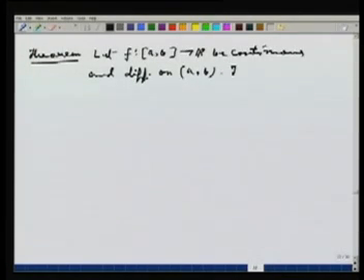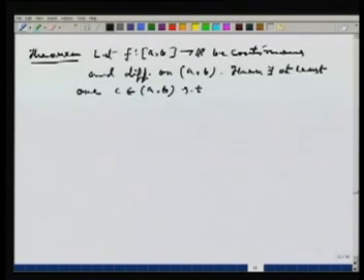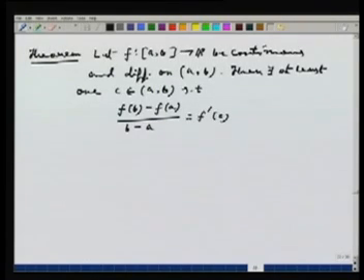Then there exists at least one c in the open interval AB such that (f(b) minus f(a)) by (b minus a) is equal to f prime of c.